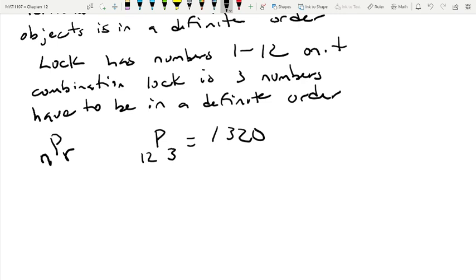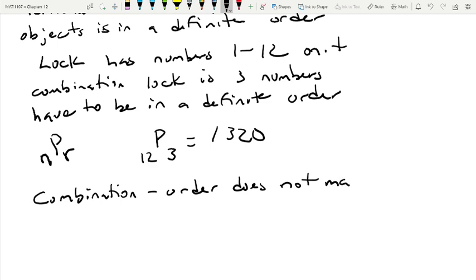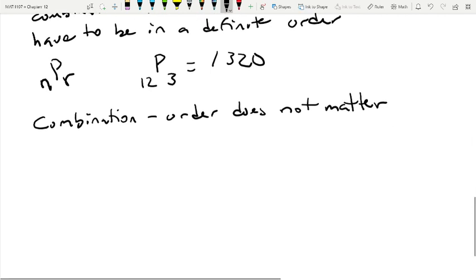Okay. And then the other type then is combination. So in combination, you have that the order does not matter. Okay. So that's the difference. Permutation, order does. Combination, the order does not.